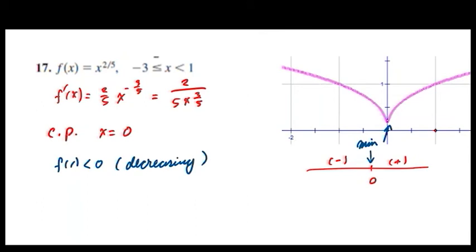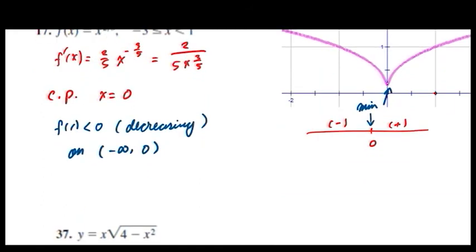It's decreasing, right? Okay, on negative infinity to 0 here. And then, that's x right here. f prime of x is positive, that means increasing, on from 0 to infinity.